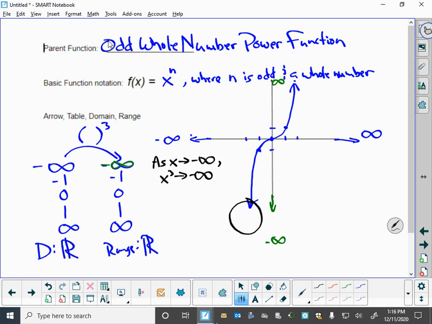That's what that's saying. On this side, my behavior is captured by saying as x goes toward positive infinity, as I go out to the right, my x cubed goes toward positive infinity.